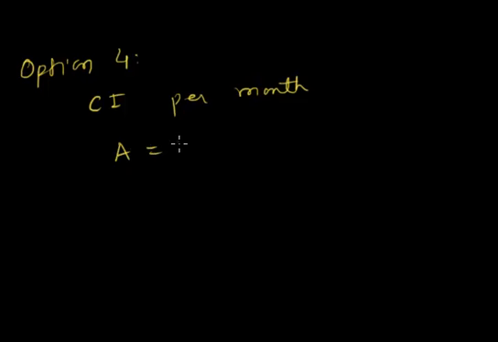Now let's look at the fourth option. According to the fourth option, the compound interest is calculated per month. Then the amount is given by P times 1 plus R over 1200 raised to 12T.